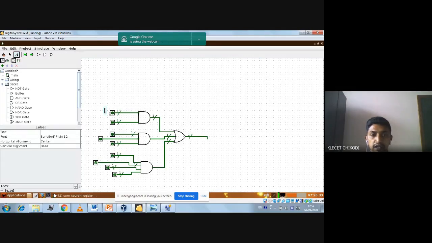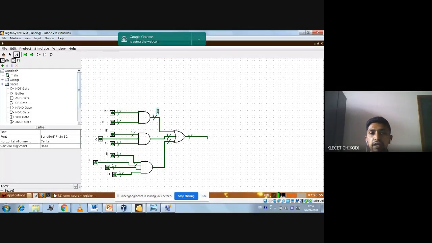So what I have to write here? A, B, fine. And another one will be B into C into D, and another here E into F, G, H. And what is the output of this AND gate?